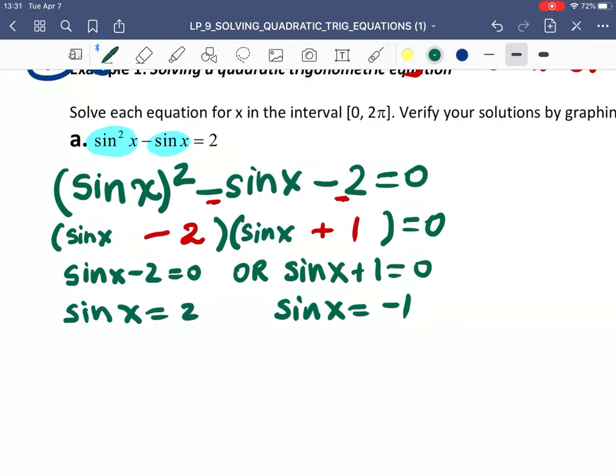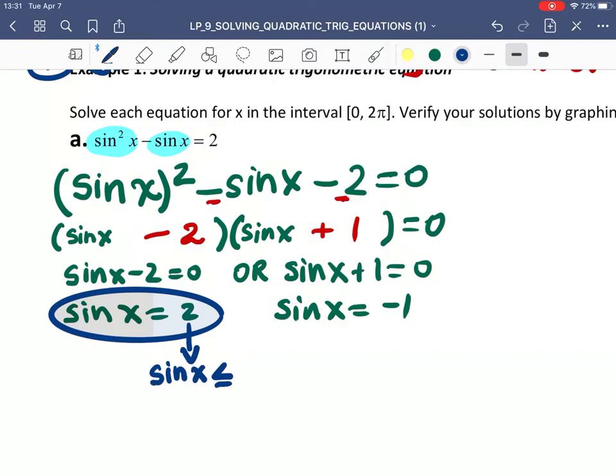Now, I'll show you what my favorite equation is of these two. You probably guessed it. This would be my favorite equation here. The reason is that I cannot derive any solutions from sine x equals 2, because sine cannot exceed 1.